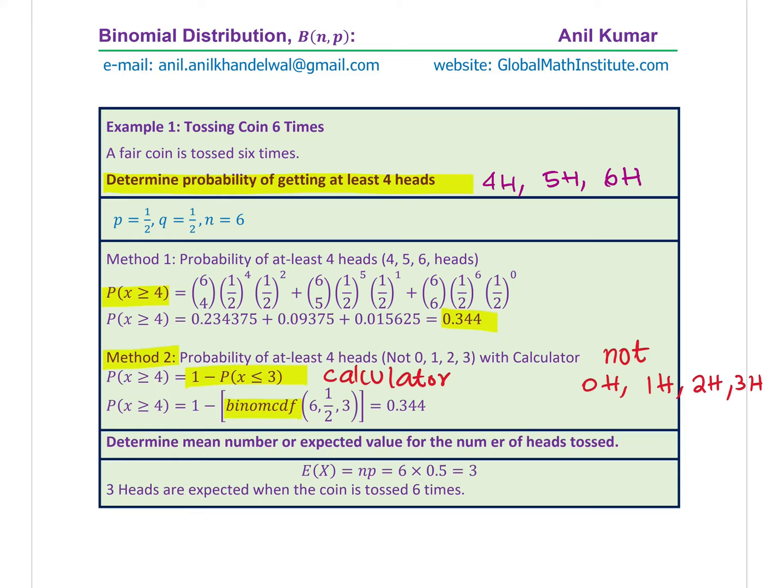So that gives you a cumulative probability. So in this case, less than or equal to 3. You can use this particular function. The parameters will be number of trials and the probability of success, which is half in this case, right? And 3 is the number you are interested in, up to 3.